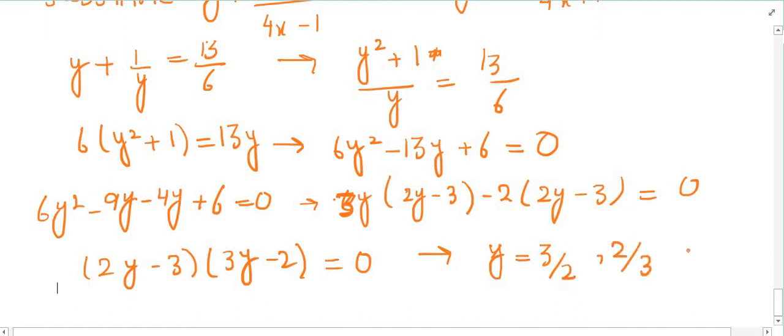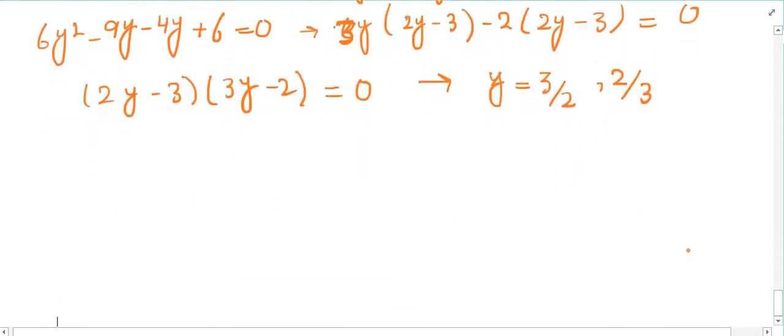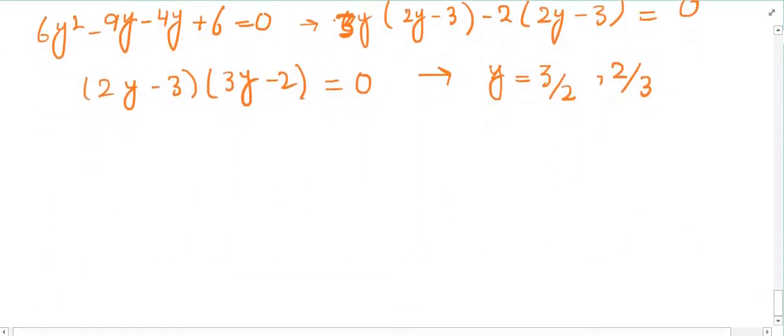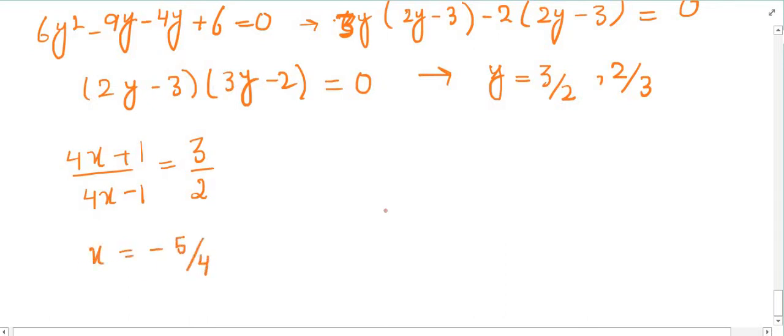Now again substitute y, which we substituted at the start of the question, which is 4x plus 1 by 4x minus 1. First one is 3 by 2. After some simplification, you will get x equals minus 5 by 4 from this, and the second one 4x plus 1 by 4x minus 1 equals 2 by 3.